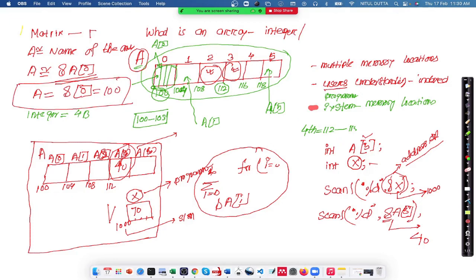Now this address, we can manipulate. We can make use of the address of the array, or the address of the first byte of the array, in order to manipulate the content of the array.